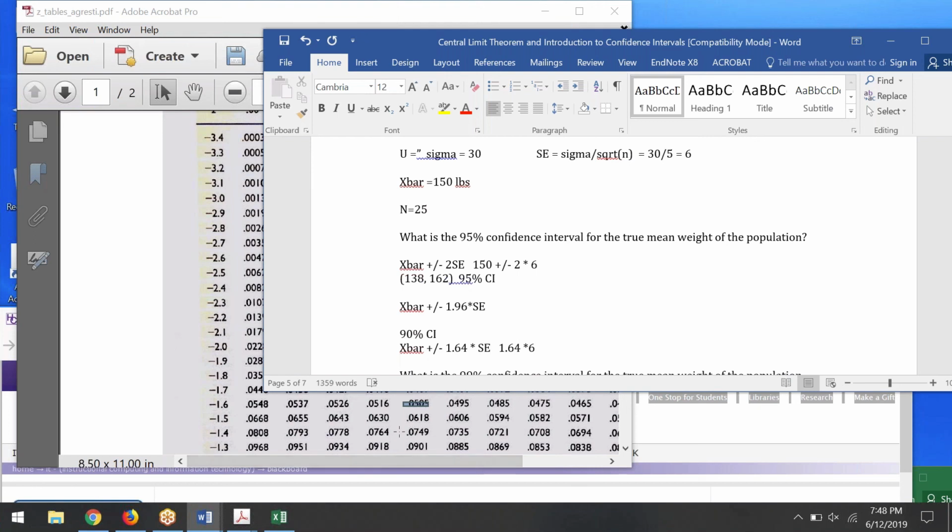And if I actually did that calculation, I think that's something like 9, right? So I'm just going to quickly write down here. That's roughly, x bar is 150, so this would be roughly 141 to 159.